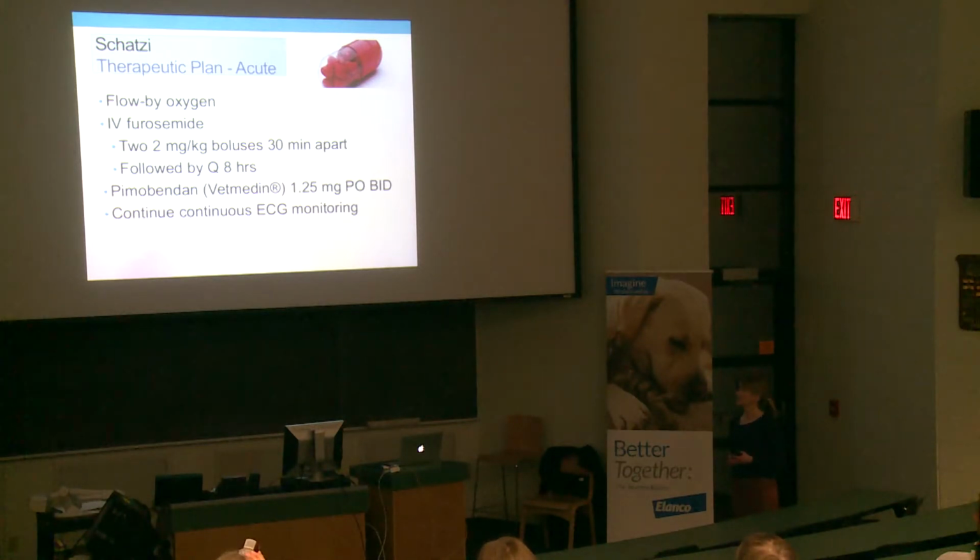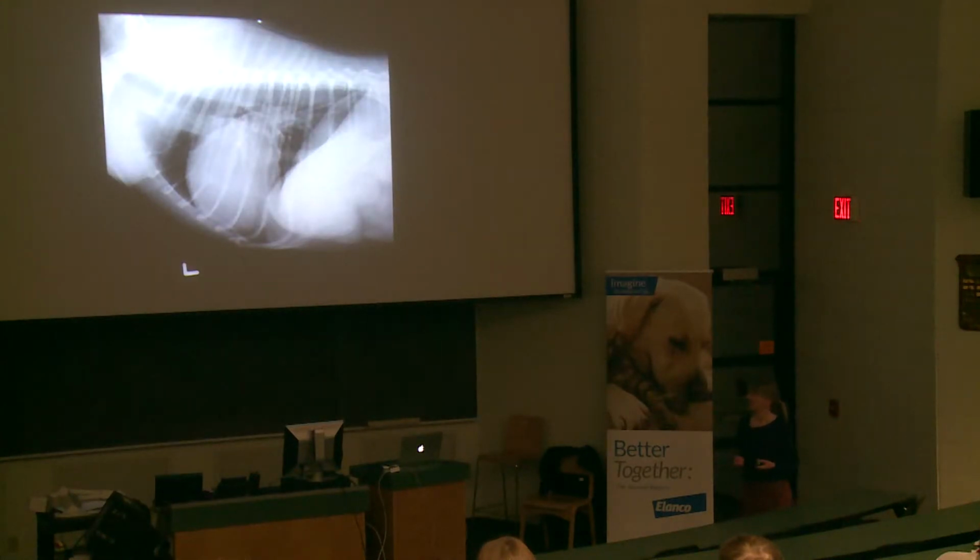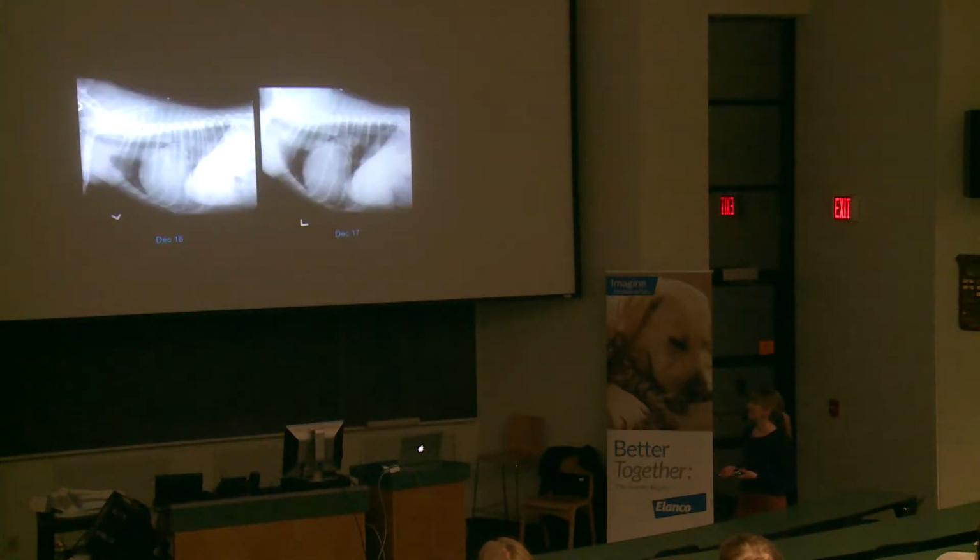And then we did have her, as I said, on continuous ECG monitoring to see if we could detect any arrhythmias. So the following day, we re-radiograph her, and we actually have a pretty nice result here. If you like the side-by-side, I think what we can appreciate best is that this caudodorsal area has cleared up reasonably well.